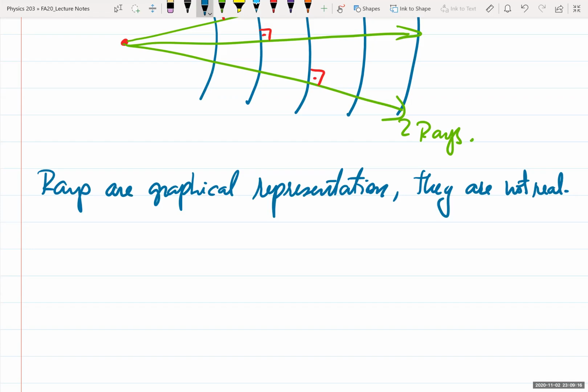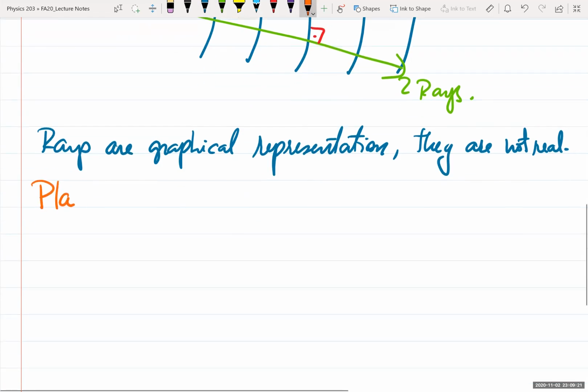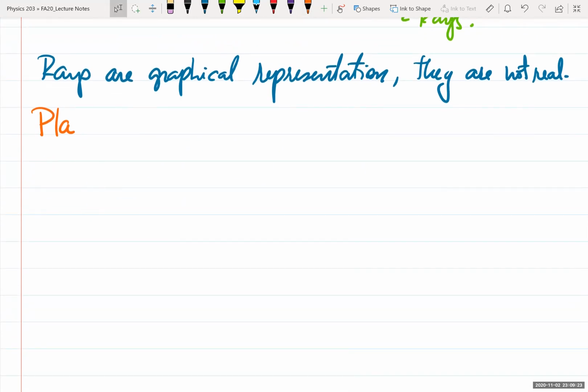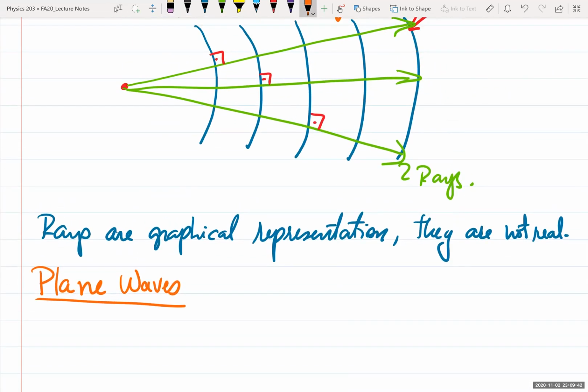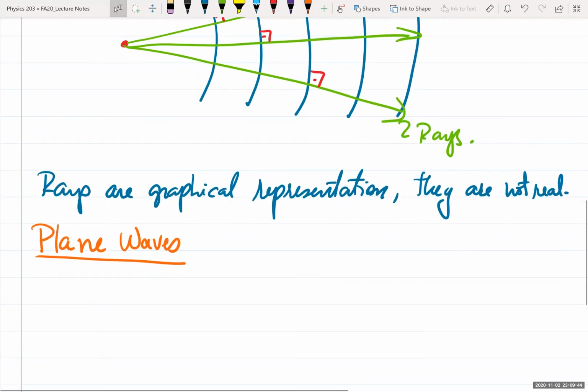Now, our next topic in here, these are just definitions that we're discussing right now. We're going to get into how to use them in a few minutes, or maybe in the next video. Now, our next definition is that of plane waves. Imagine as these waves travel and travel far away, eventually the radius of curvature of these waves, this radius right here, will start getting bigger and bigger and bigger.